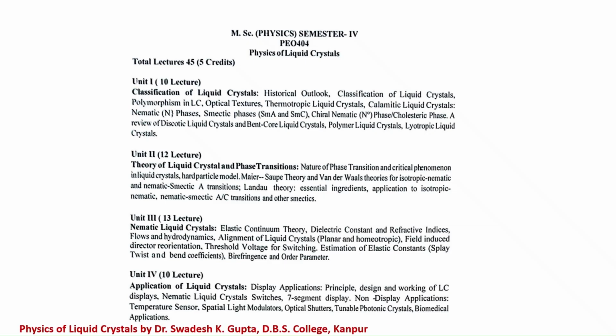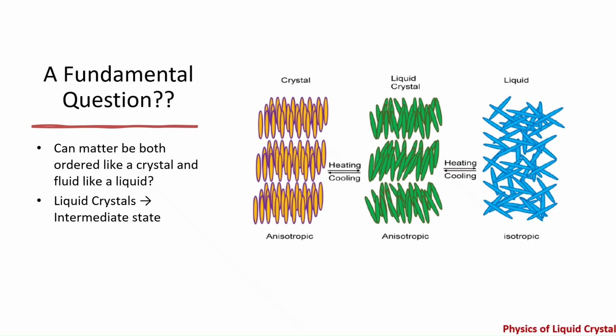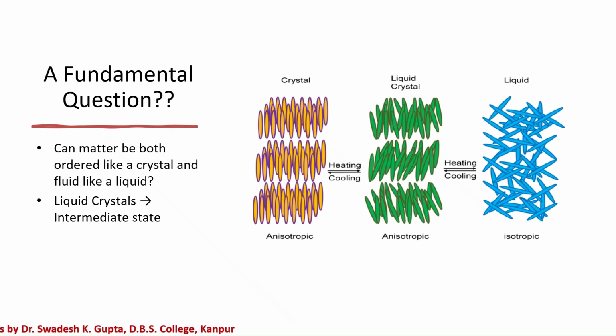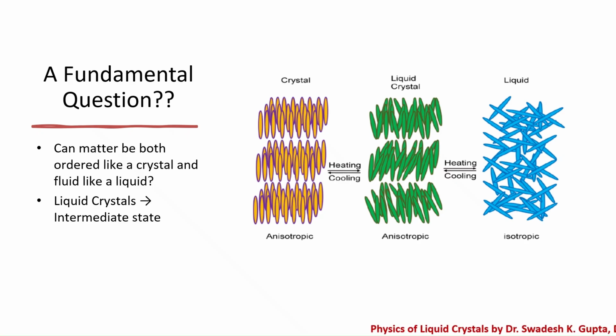Now let's start with the very fundamental question: what are liquid crystals? As you can see in the figure, I have shown here crystal, liquid crystal and liquid, and in the arrows it is written heating, cooling. Crystal means where the molecules are arranged in a very ordered manner.